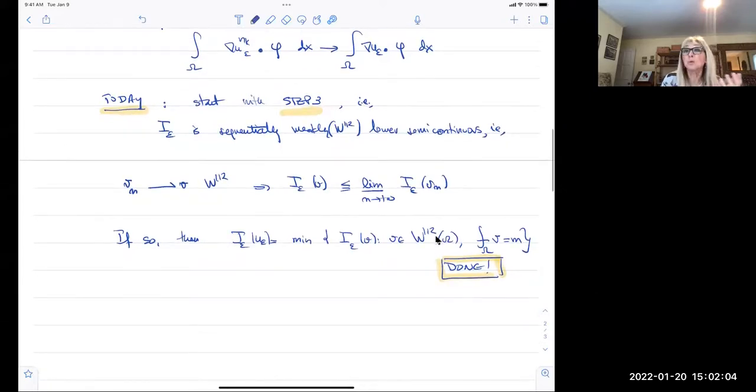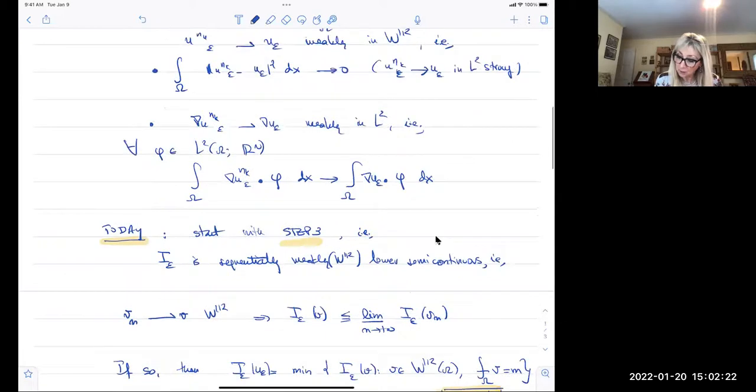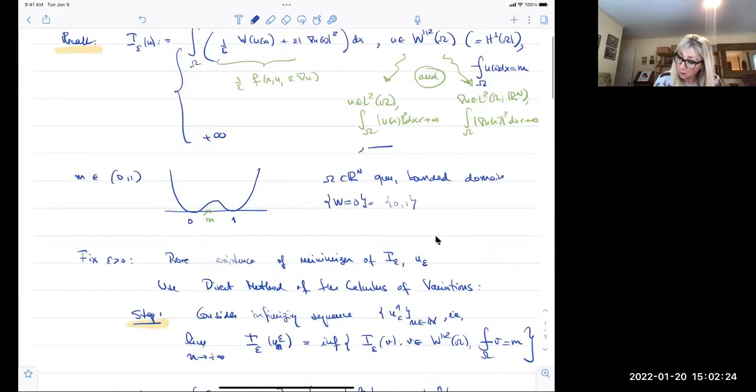So let's prove that. Why is this? Consider one such sequence v_n. Again, by Rellich-Kondrachov, since v_n converges weakly to v in W^{1,2}, and by the way I'm taking omega to be a nice Lipschitz domain, because I want to apply all these theorems from Sobolev spaces.